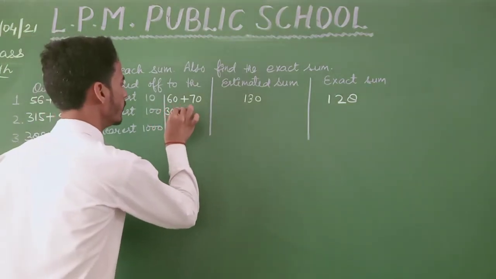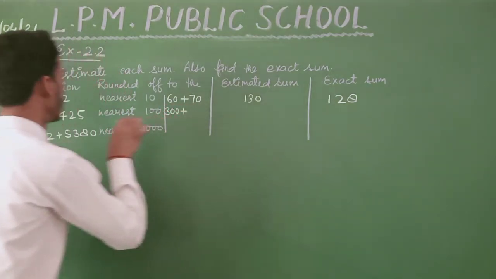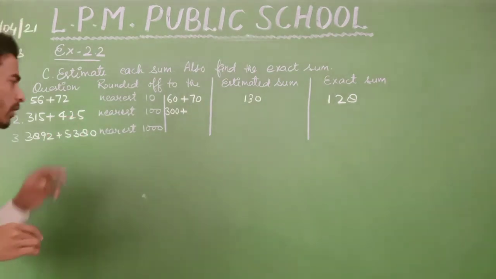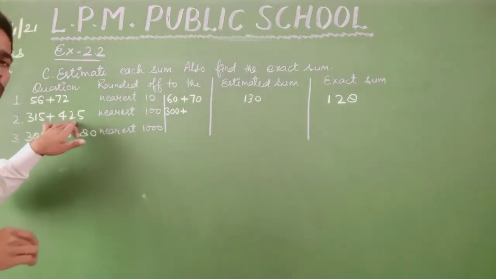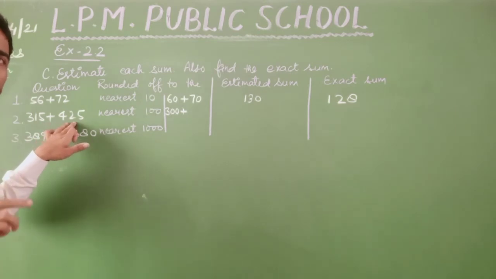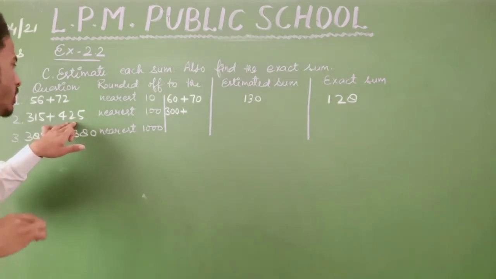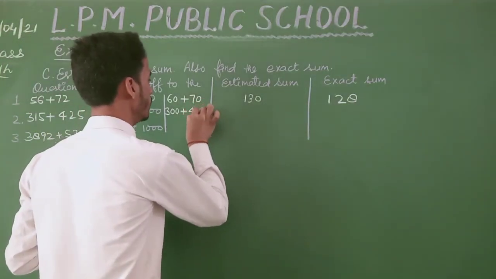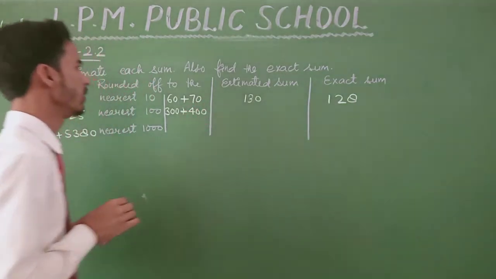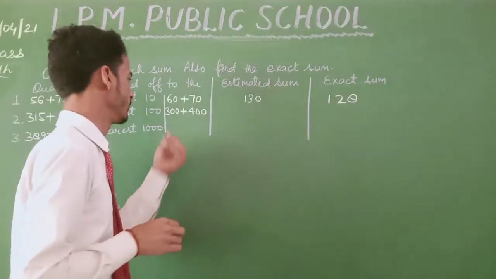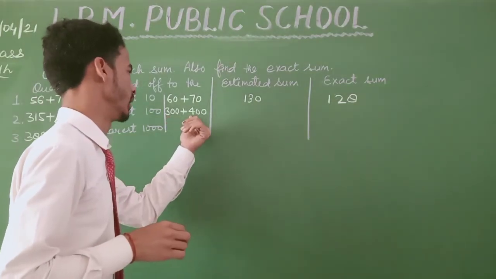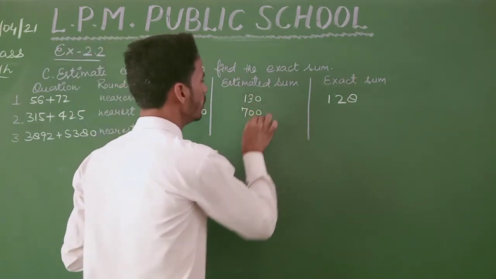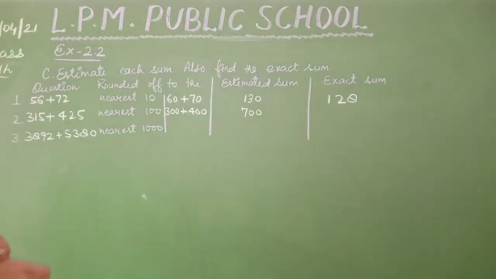Okay, and now we have to round off 425, and 425 is between 400 and 500, but closer to 400, so we round it off to 400. Okay, and now we have to find the estimated sum. There are 300 and there are 400. 3 plus 4 is 7, that is 700.